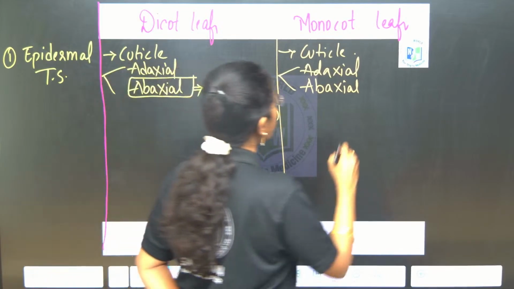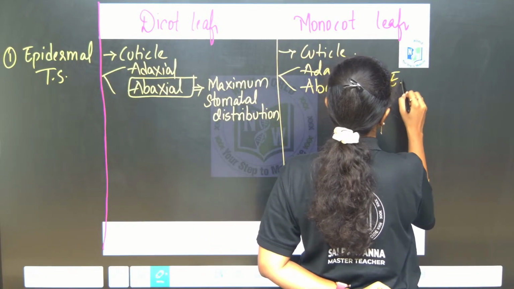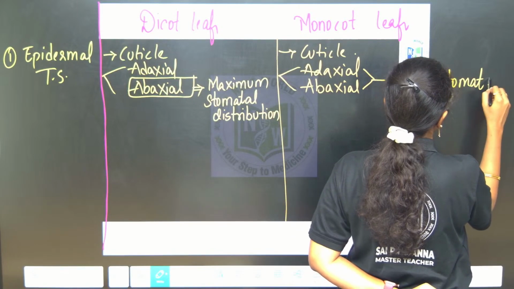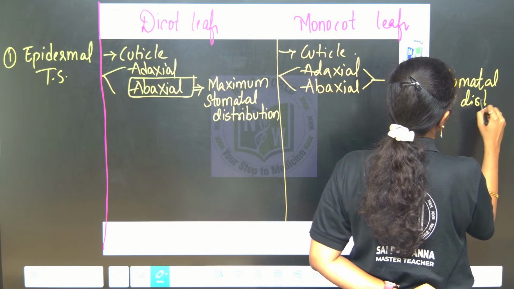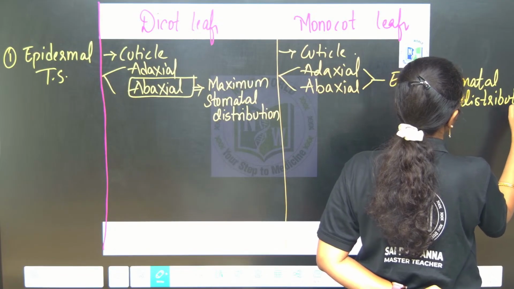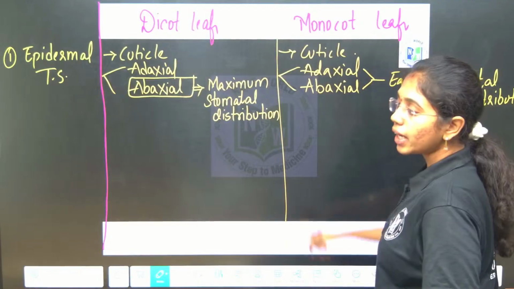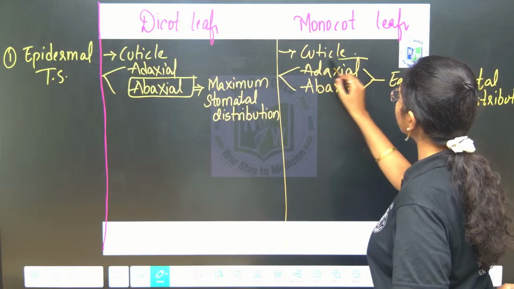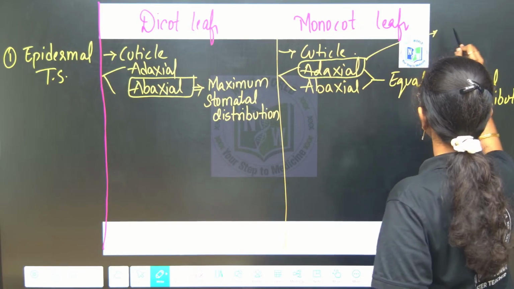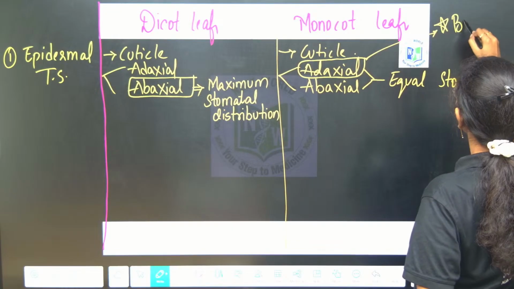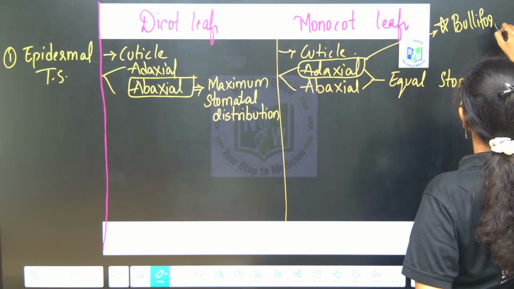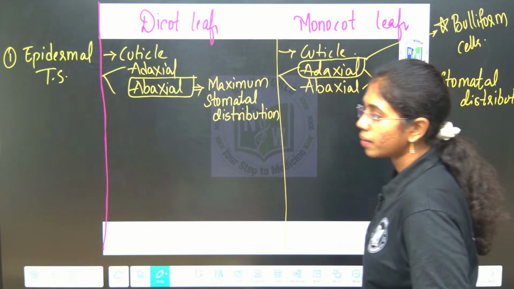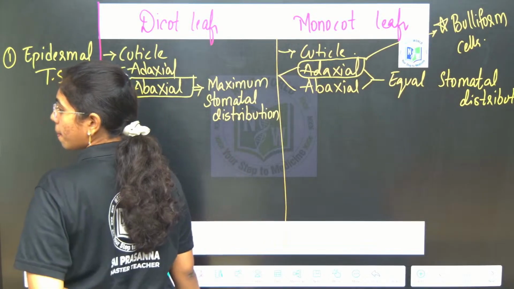Fine. Here equal stomatal distribution. And here there is one more additional component that is present. What is that? Bulliform cells on the adaxial surface. Important, bulliform cells are present. Large and colorless cells.